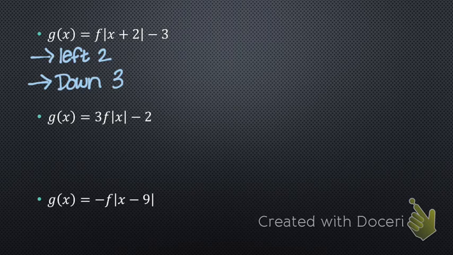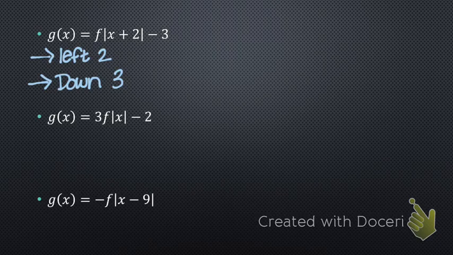Number 2, I have a 3, and then I have a minus 2. So the 3 is out in front of the f. It's in front of the f being multiplied, so that makes it my a value. My a value, if it's bigger than 1, is a vertical stretch.